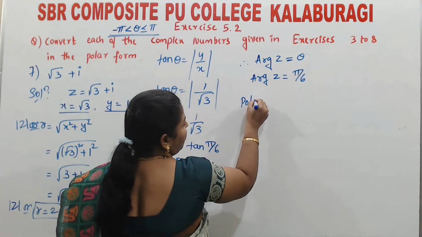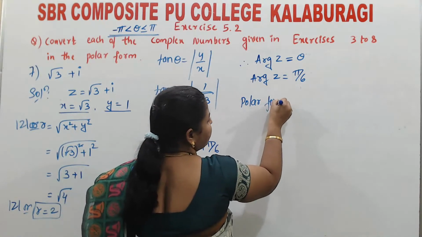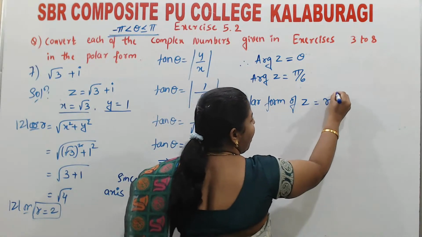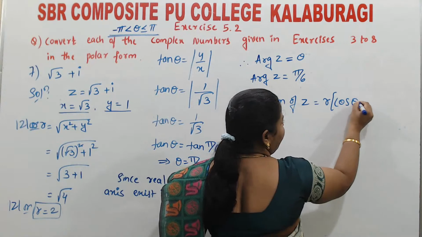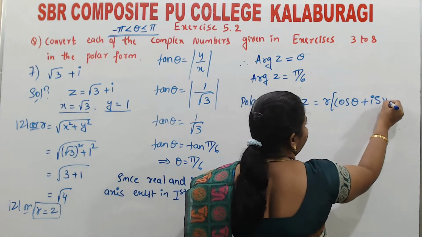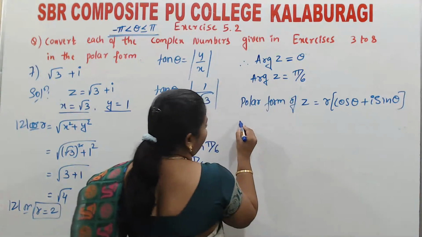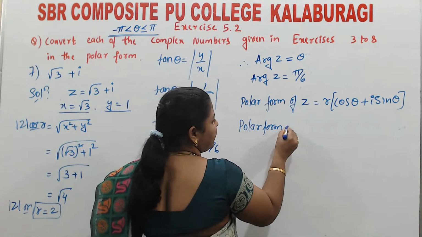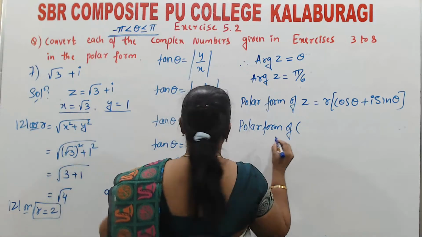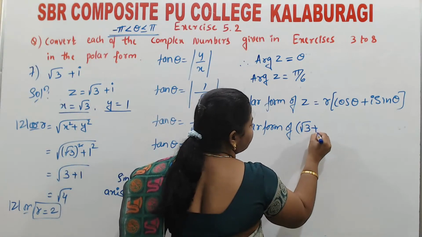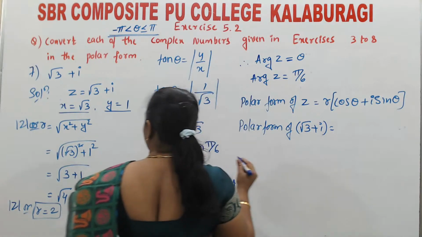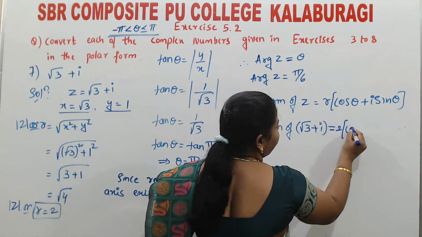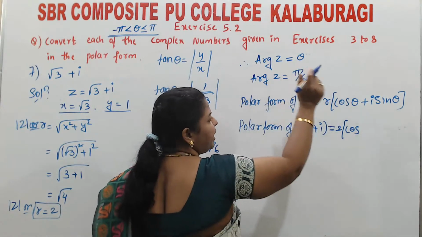Then polar form of complex number z is equal to r times cos theta plus i sin theta. Or polar form of the given complex number root 3 plus i is equal to, what is the value of r? r is equal to 2, into cos of theta, where theta should be the principal value.